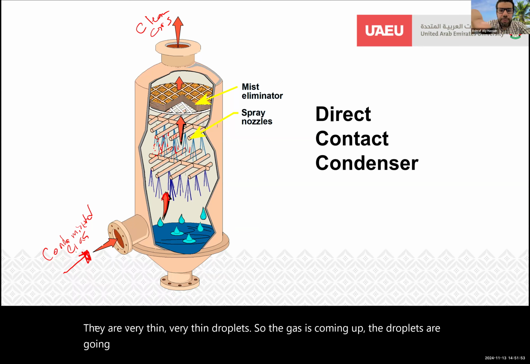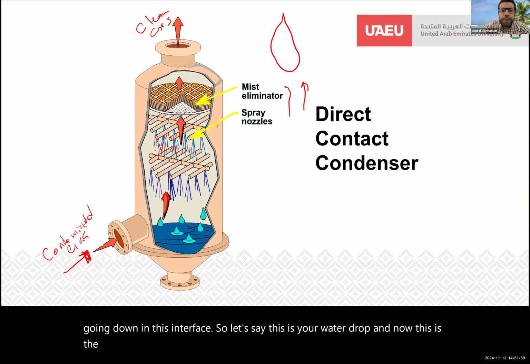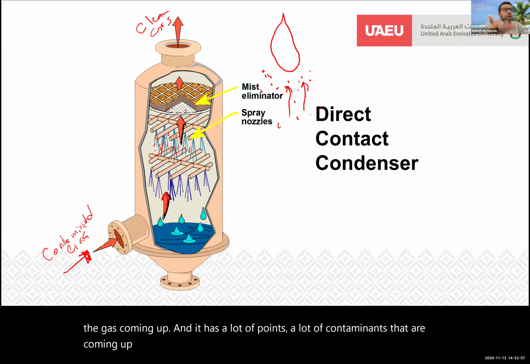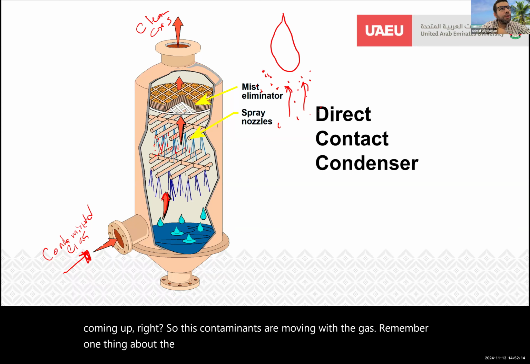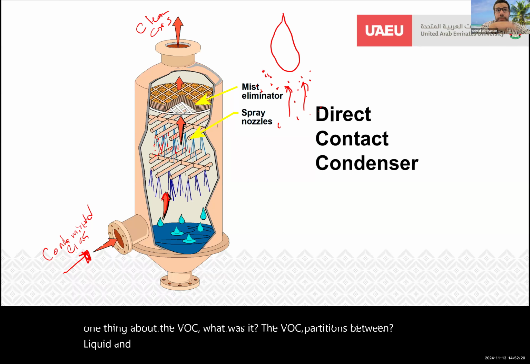At this interface, let's say this is your water drop, and this is the gas coming up, with a lot of contaminants moving with it. Remember one thing about VOCs: they partition between liquid and gas, because that's why they are volatile.